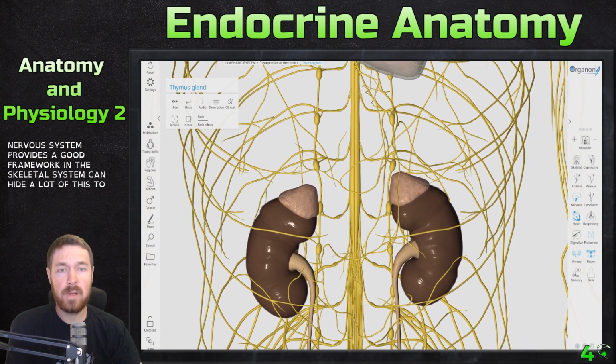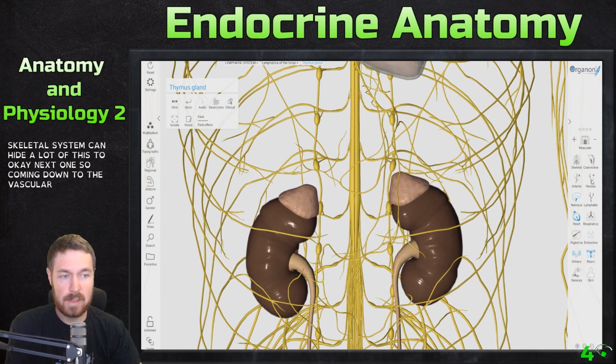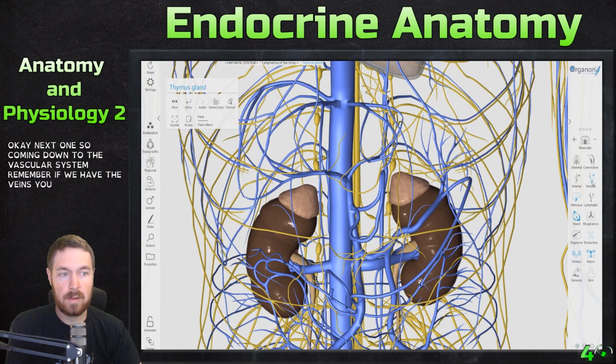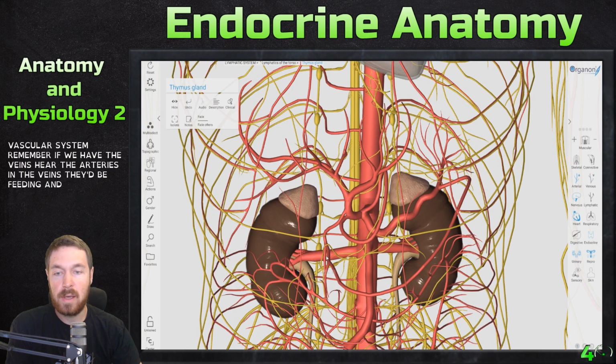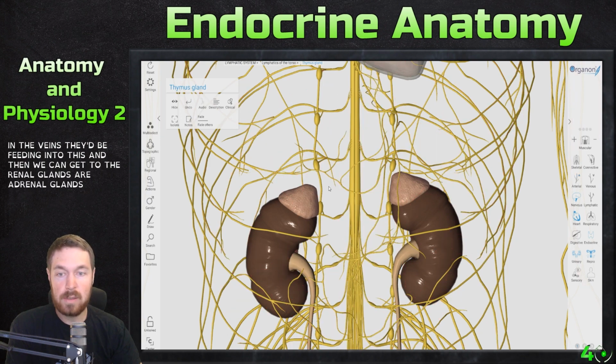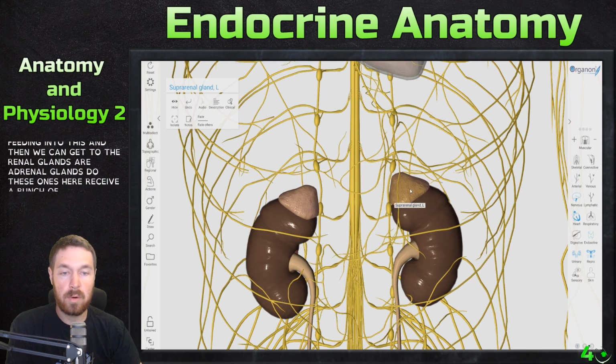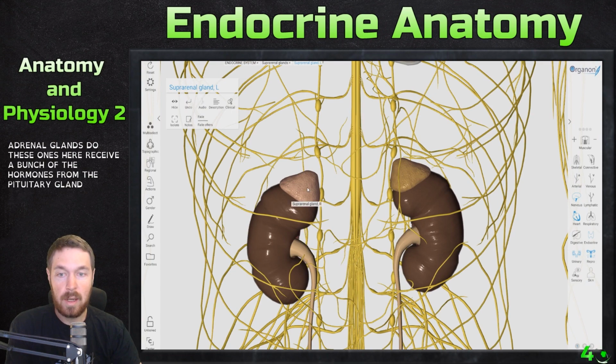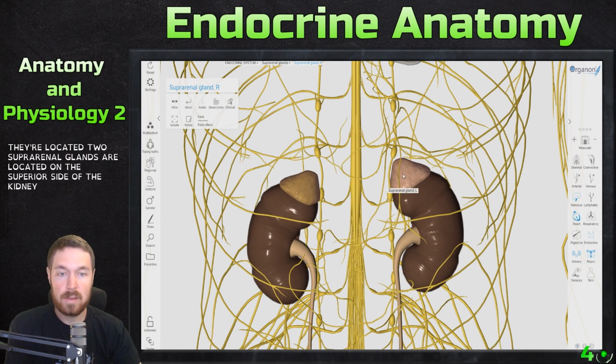Okay, next one. So coming down through the vascular system, remember, if we have the arteries and the veins, they'd be feeding into this, and then we can get to the renal glands or adrenal glands. These ones here receive a bunch of the hormones from the pituitary gland, and the suprarenal glands are located on the superior side of the kidney. The two little glands.